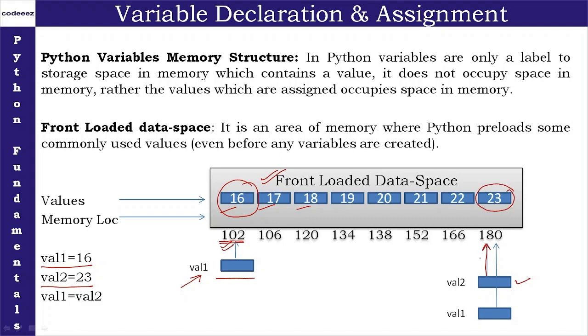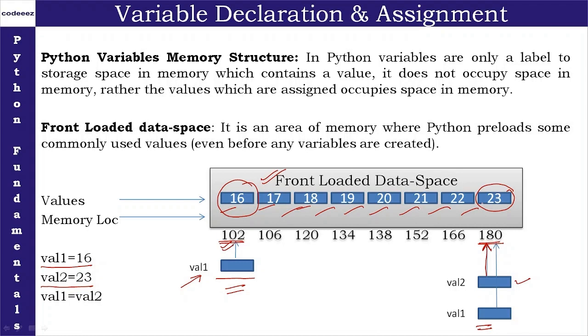That is, val2 will point to the memory location 180 in this case, right? So it is very clear here that the variable does not occupy any space in memory. A variable is simply a reference. What occupies space in memory is the actual value. These are the actual values which are occupying space in memory, right?